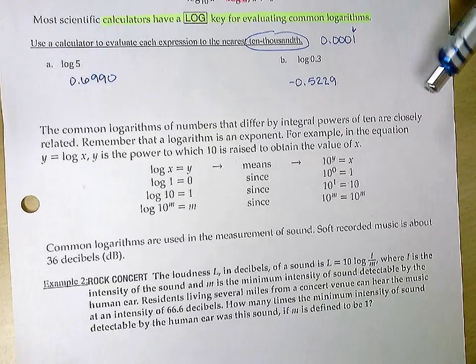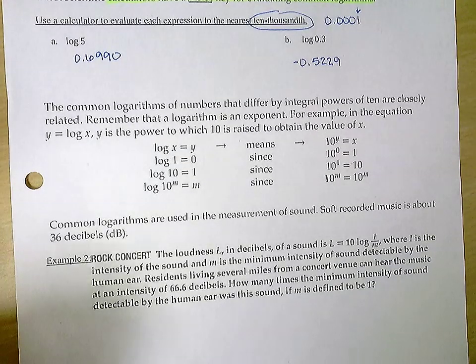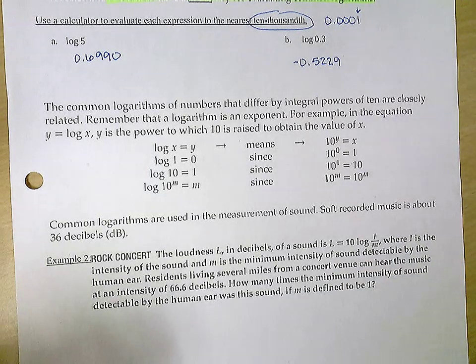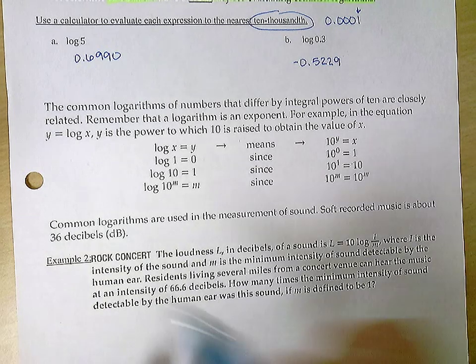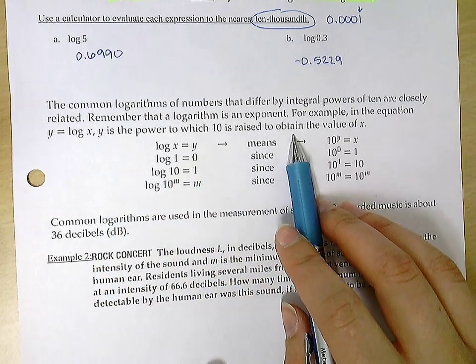The common logarithms of numbers that differ by integral powers of 10 are closely related. Remember that a logarithm is an exponent, the inverse of your exponential. For example, in the equation y equals log of x, y is the power to which 10 is raised to obtain the value of x.